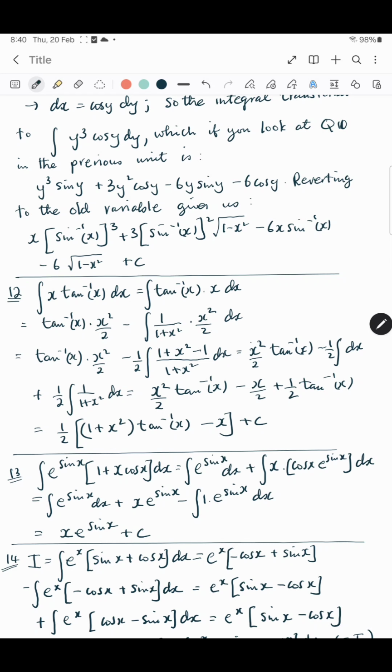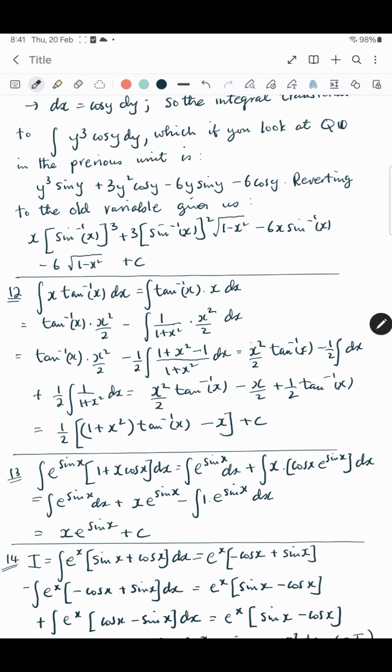And so on the next line, we have tan inverse x times x squared over 2 minus a half, and the numerator is written as 1 plus x squared minus 1 over 1 plus x squared, which will come down to the next line and give us x squared over 2 tan inverse x minus a half the integral of dx plus a half the integral of 1 over 1 plus x squared, because a minus times a minus is a plus.